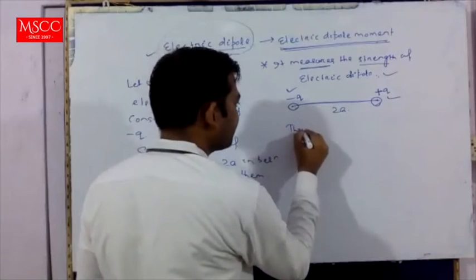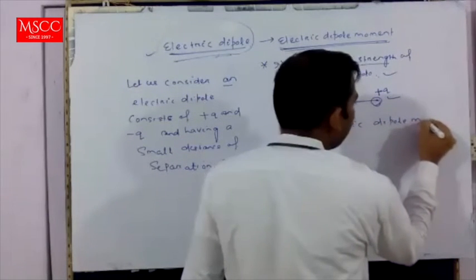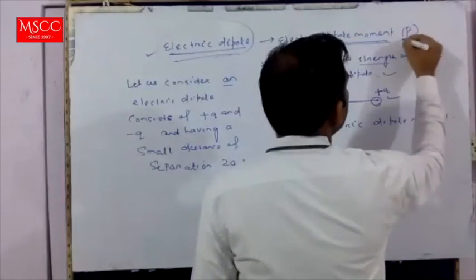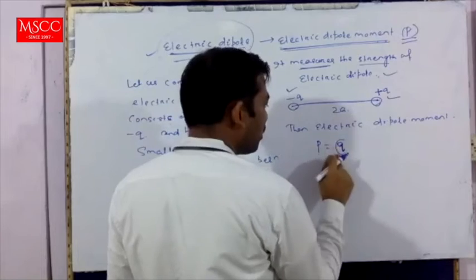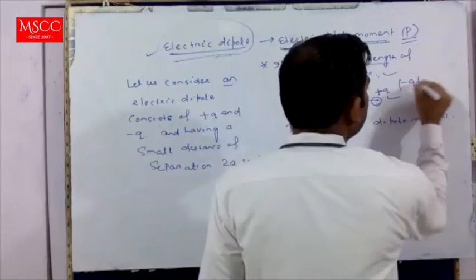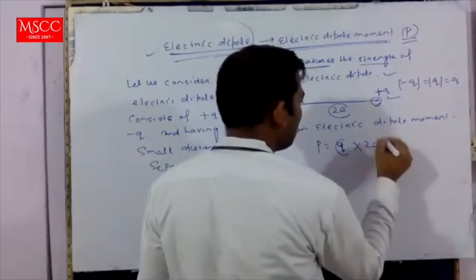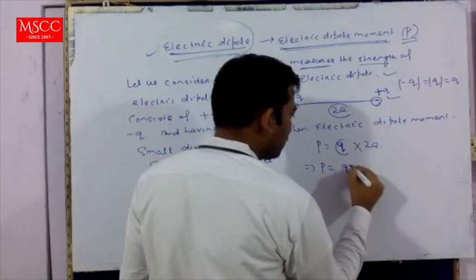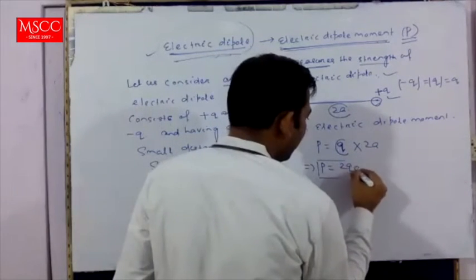Then the electric dipole moment, symbolically represented as P. In symbol, electric dipole moment is P. According to the definition, P equals the product of magnitude of either charge and the separation between the two charges. That is P equals q into 2a.